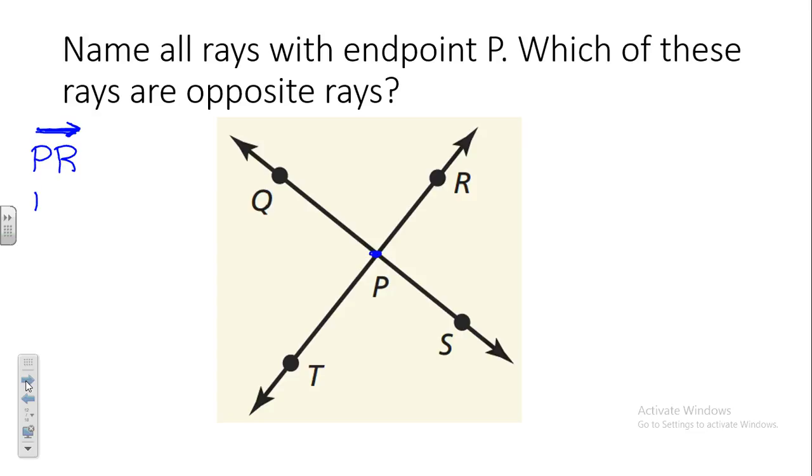PS. How about Jaden? PT. Keep going on that row. How about Adam? PQ. Do we have all of the rays with endpoint P?